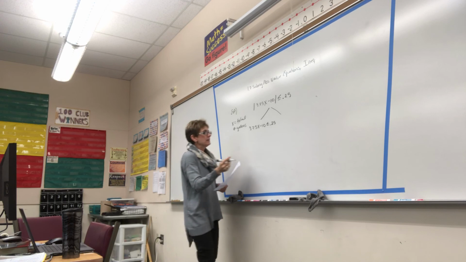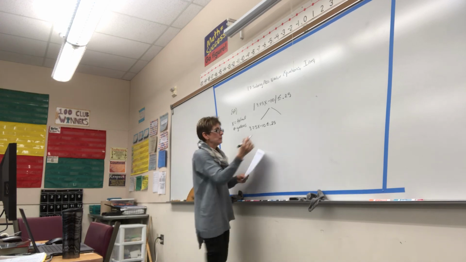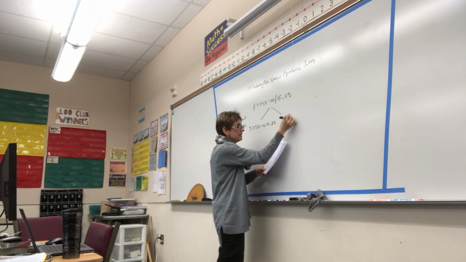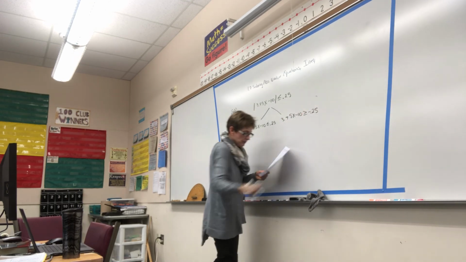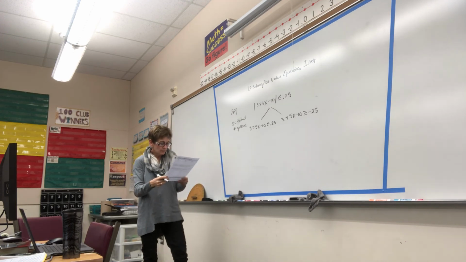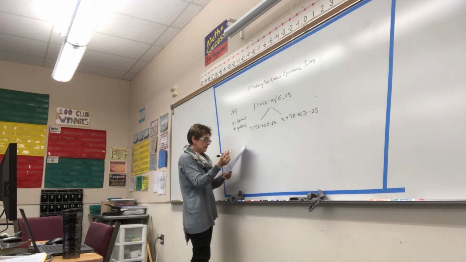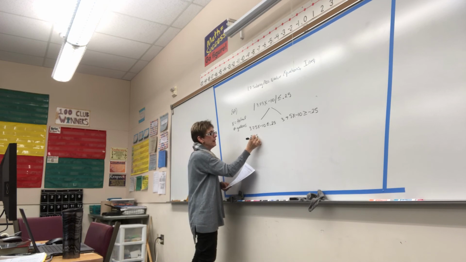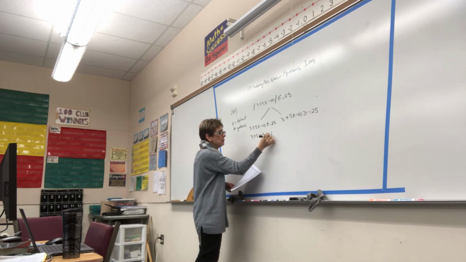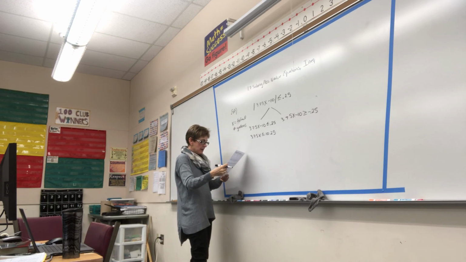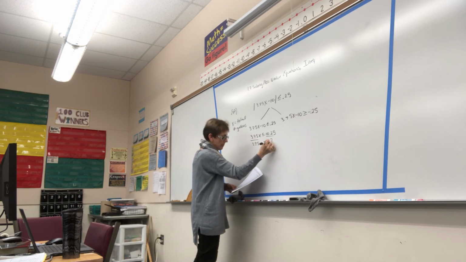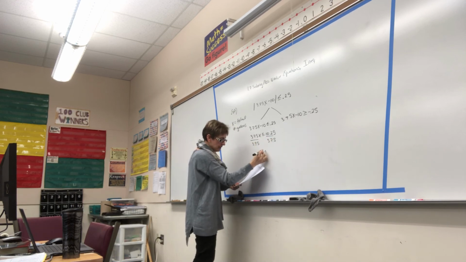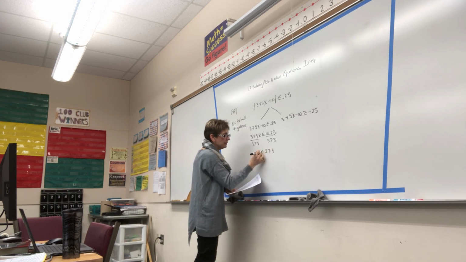But the other possibility, if I'm thinking of the left side of the number line, is that 3.75x minus 10 is greater than or equal to negative 0.25. Now when I add 10 to both sides, I get 3.75x is less than or equal to 10.25. And then when I divide both sides by 3.75, I get x is less than or equal to 2.73.